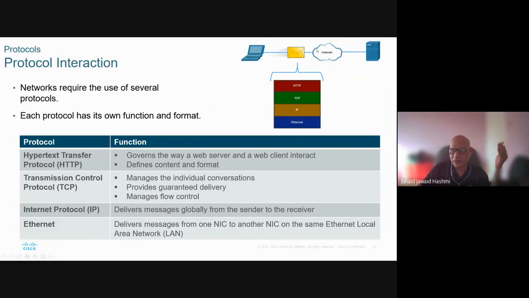And then, the cloud means it's the ISP network, and then your request goes to the web server. So these protocols are essential to establish a connection on the internet.